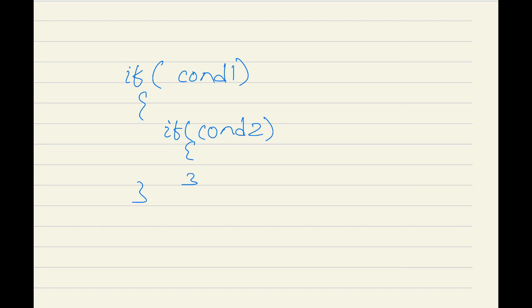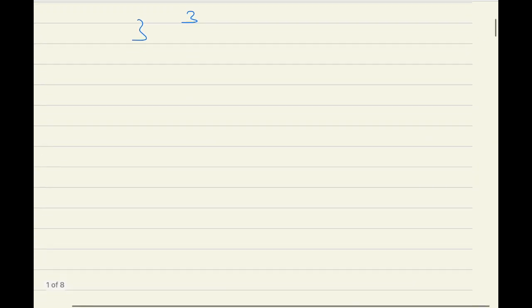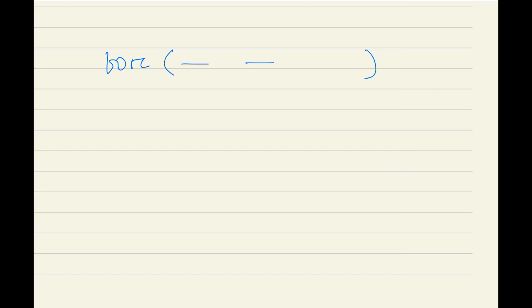Similarly, you can consider if else. If we write one if else inside another if else, that is called nested if else. Similarly, we have loops. Suppose we have one for loop, then we write the initialization, then the updation. Now assume this is the body of the loop.